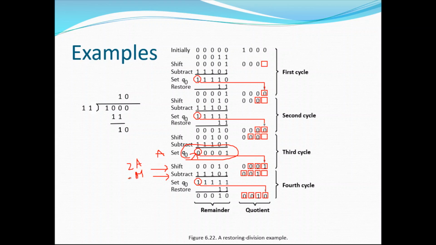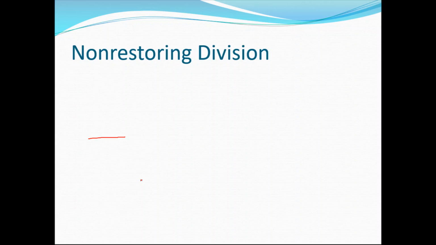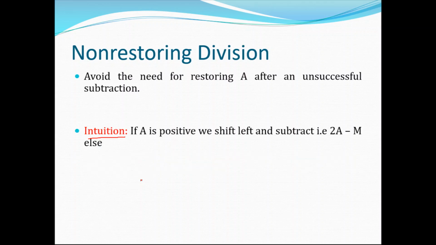So basically the operation done here is 2A minus M. Because A is the actual number, you are left shifting, which is equivalent to multiplying by 2, then you subtract M from that, which is nothing but 2A minus M. So that's what this statement says: if A is positive, we left shift and subtract M, that is 2A minus M.